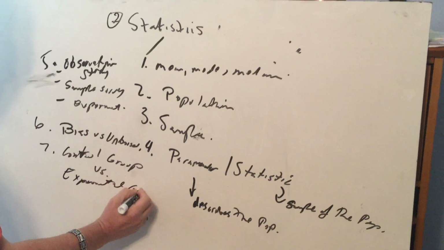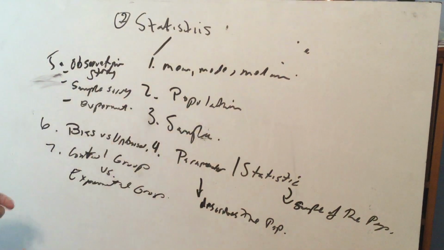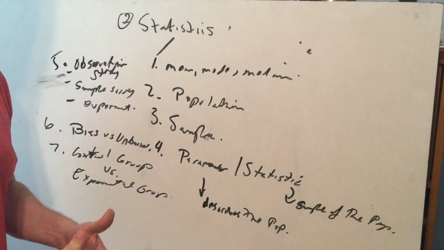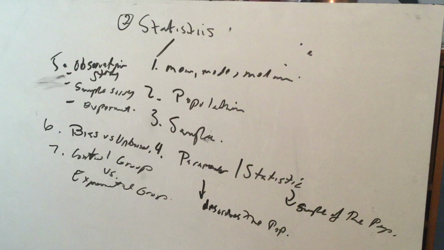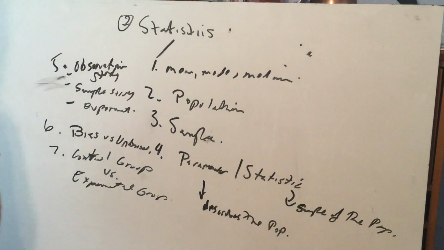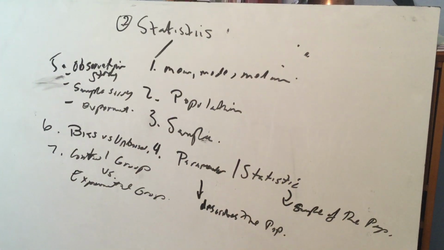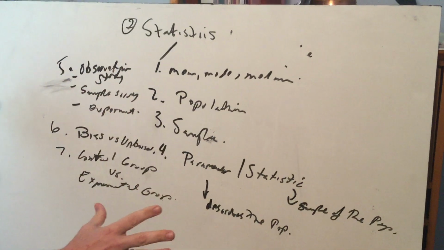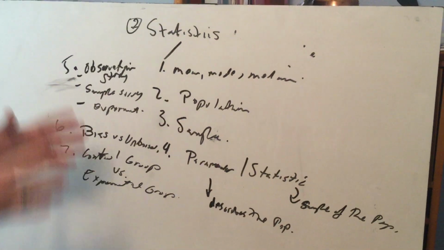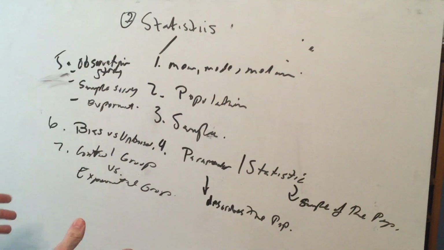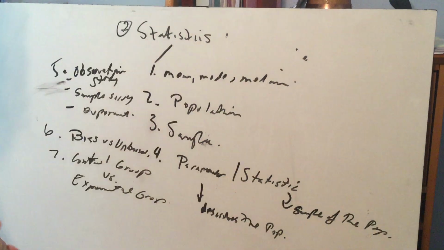The experimental group is the group you actually give the drug to. The control group is given the placebo, which is a fake pill. All of this, guys, is so easy. Just have your notes and your homework in front of you, and this is an easy 100.